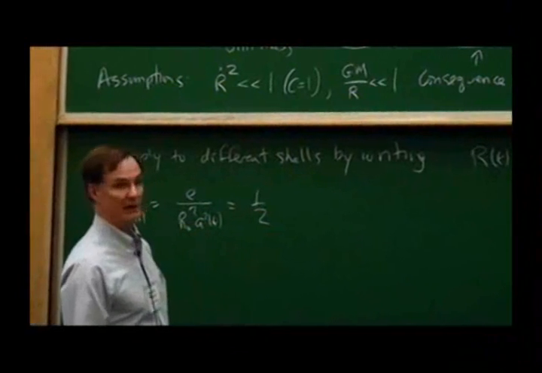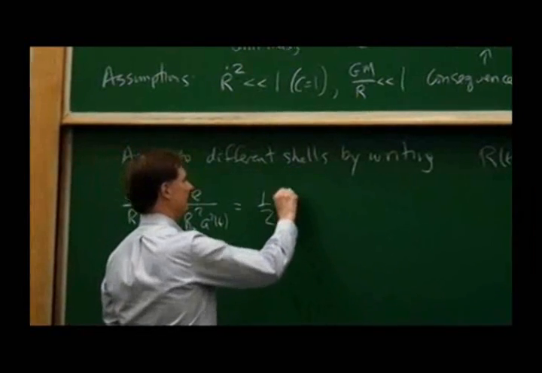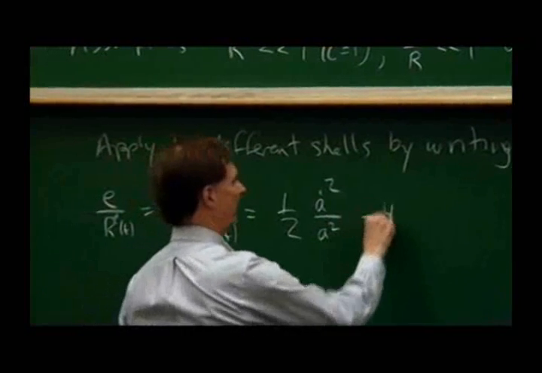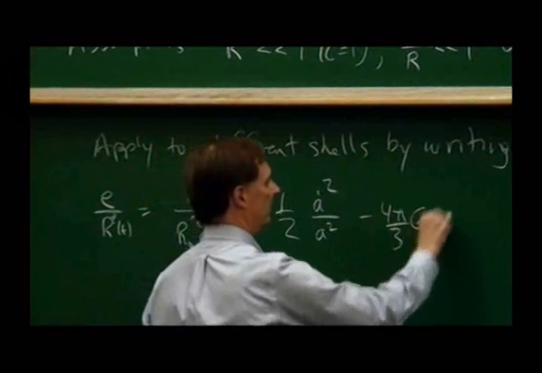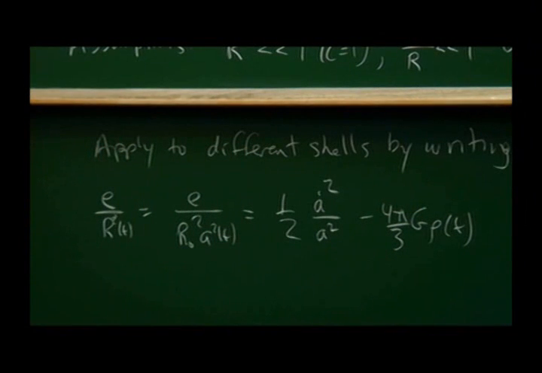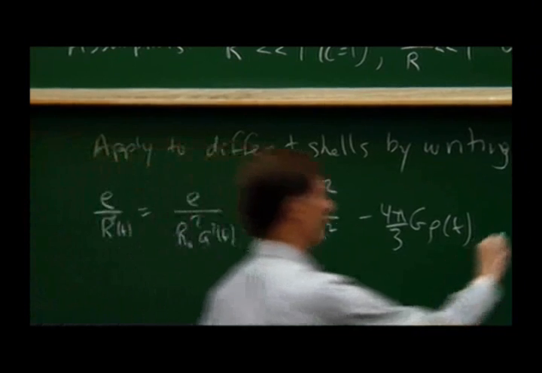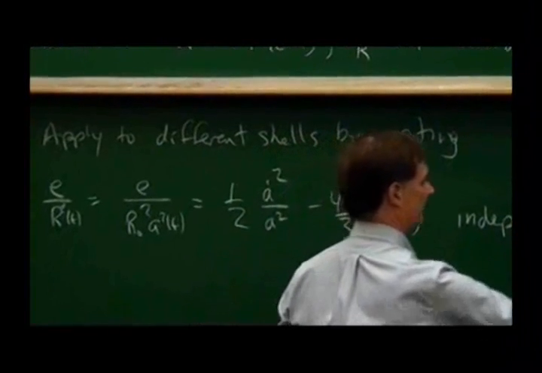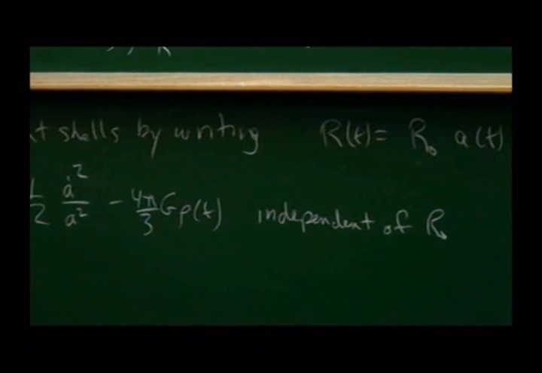Well, R dot over R is just A dot over A. And this is minus 4 pi over 3 G rho of t. And now you notice that the right-hand side is independent of R0. And therefore, the left-hand side must also be independent of R0.